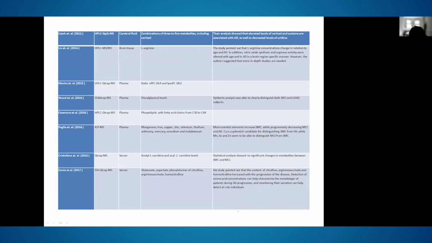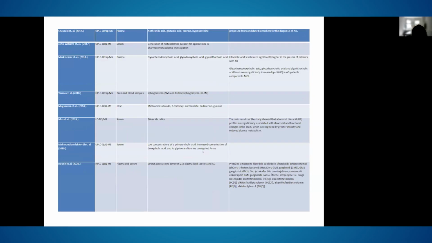Disturbances also occur in lipid metabolism, with changes in amino acid metabolism. We can see a lot of research, but we will not stop our research. Some studies propose metabolite panels that may help distinguish Alzheimer's disease, mild cognitive impairment, and healthy controls.